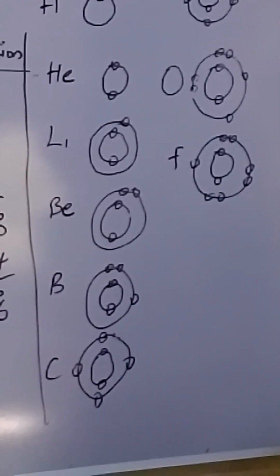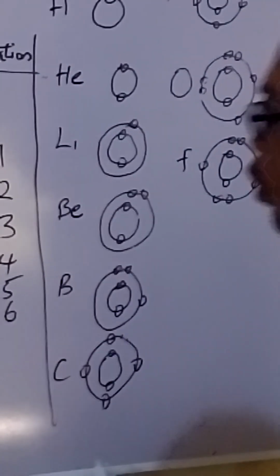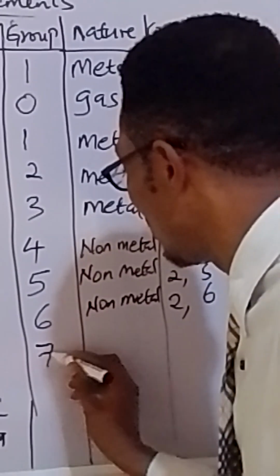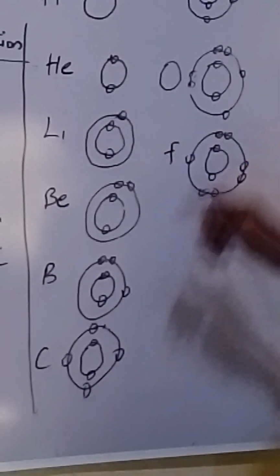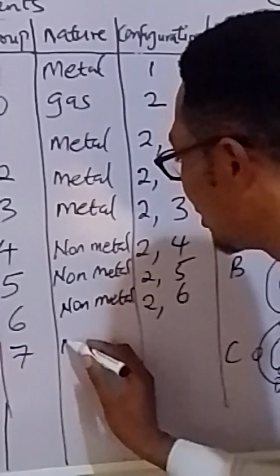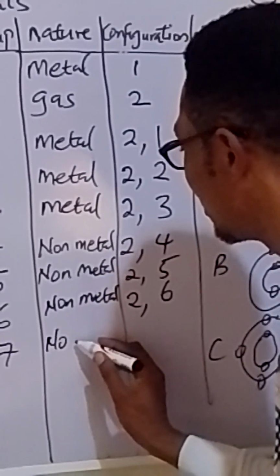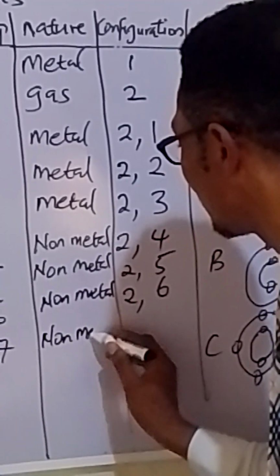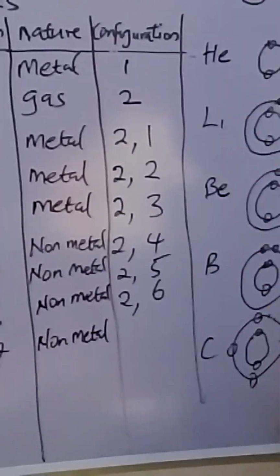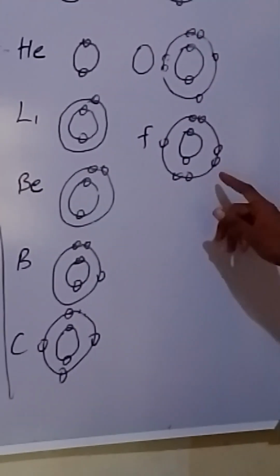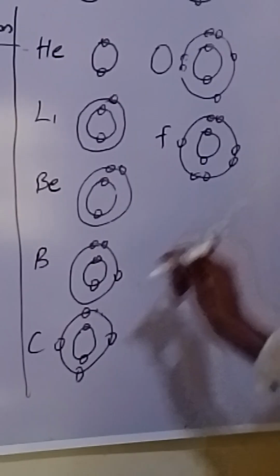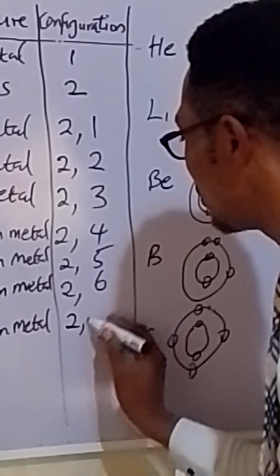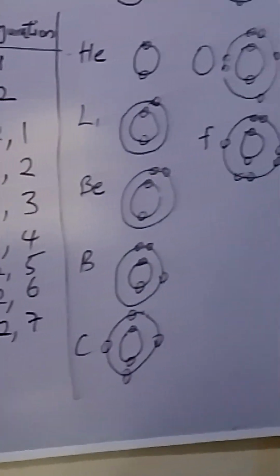And because of that, we say that it belongs to group 7. And since it belongs to group 7, it means that it is a non-metal. A non-metal. Okay, and the configuration is 2, 7. That's the configuration.